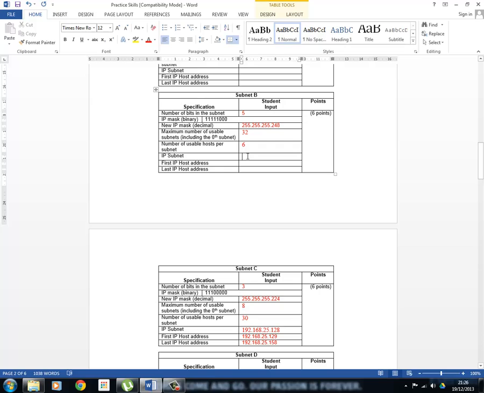So this will be 192.168.25.160. And if you want, you can put the slash 29, which is the CIDR. Okay, but we don't have to. So what's the first available IP address? 161.